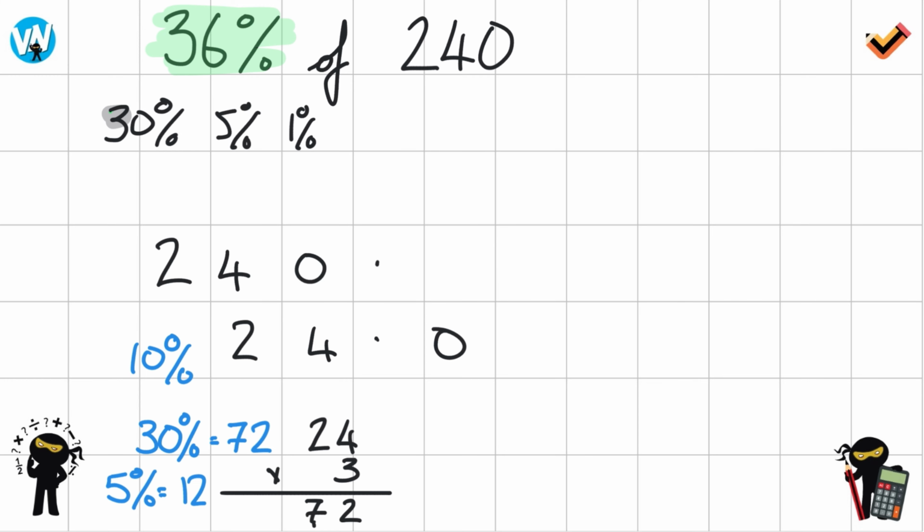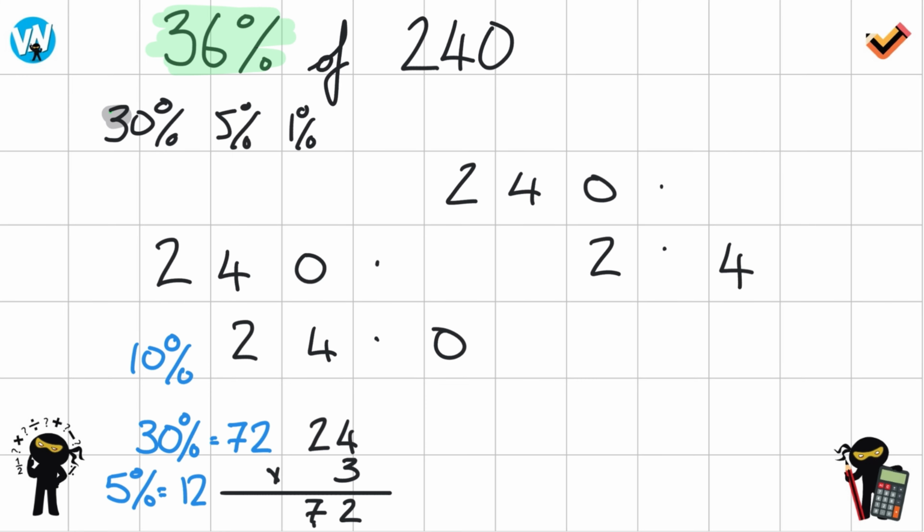So again, if we know that 240, I'm just going to rub that out because I really want you to see the place value of this. If we know that 240, move it 2 spaces to the right, so divide by 100, the 2 is going to end up here, and the 4 is going to end up here.